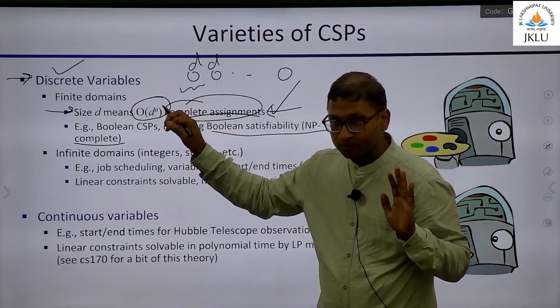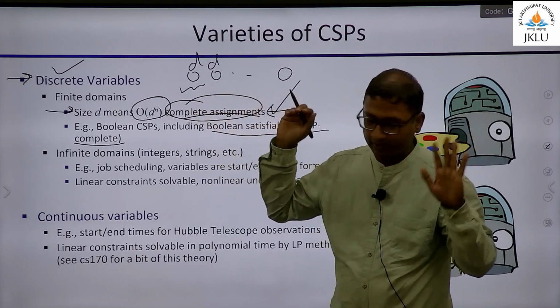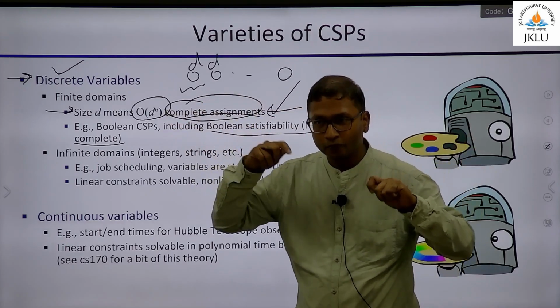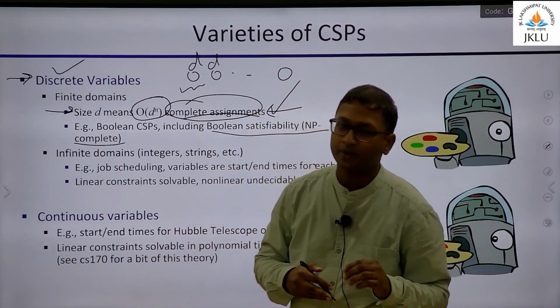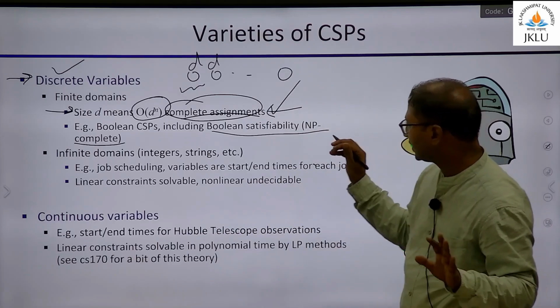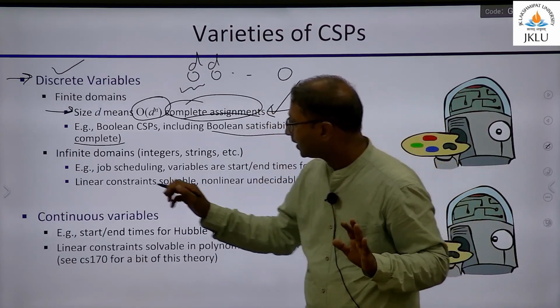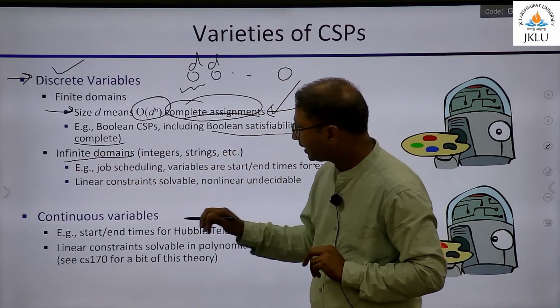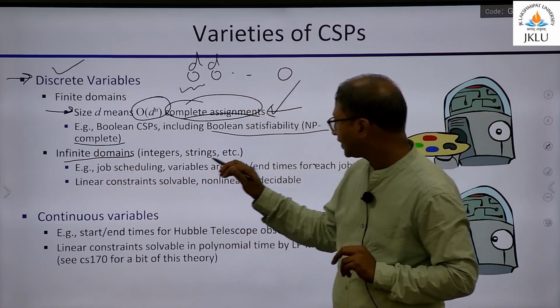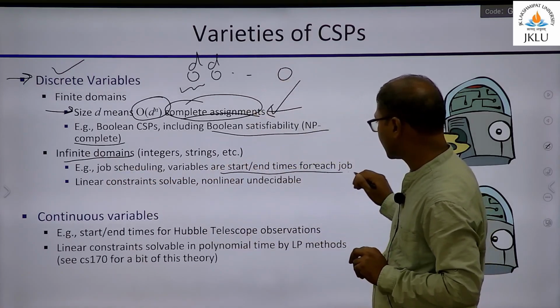Okay, all those problems for which, very roughly, very vaguely speaking, brute force is not the right way to do it, most likely that's an NP complete problem, right? But I won't go into the details of NP completeness right now. Infinite domains: integers, strings, etc. Job scheduling: variables are start and end times for each job.